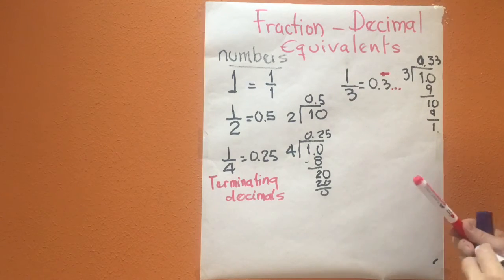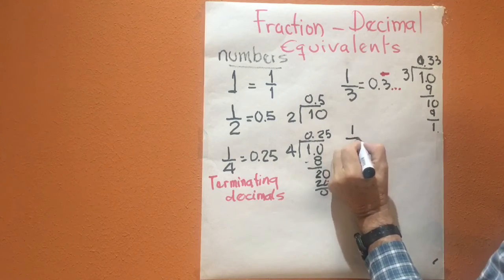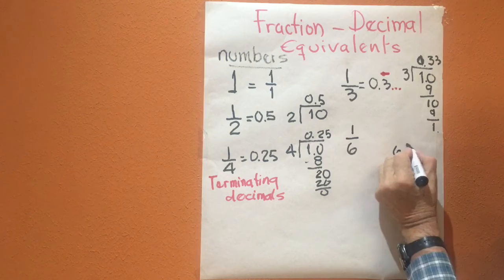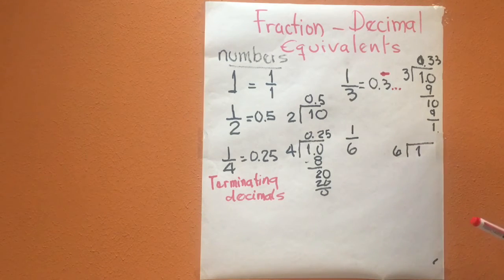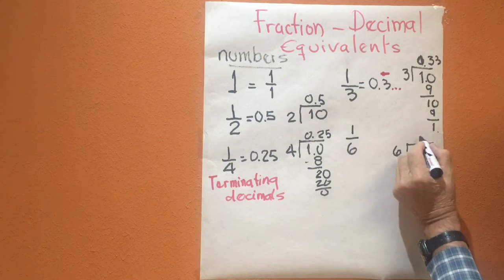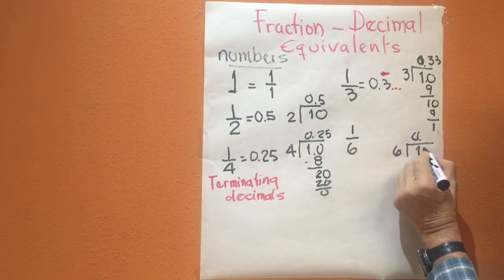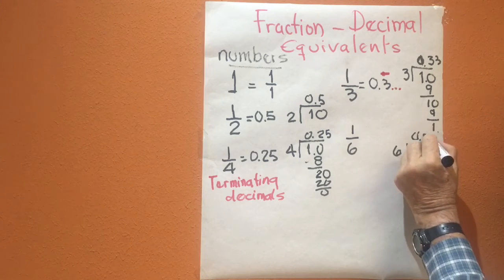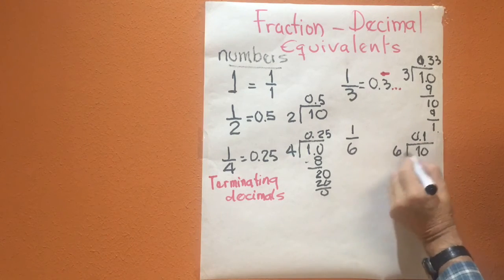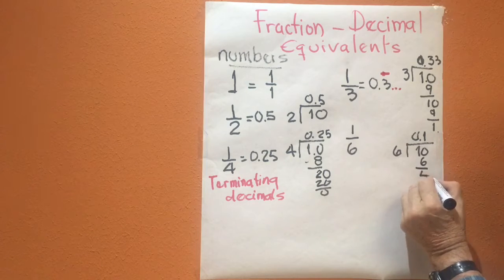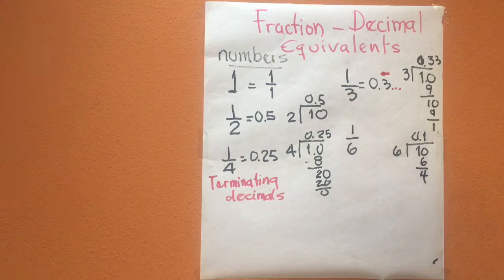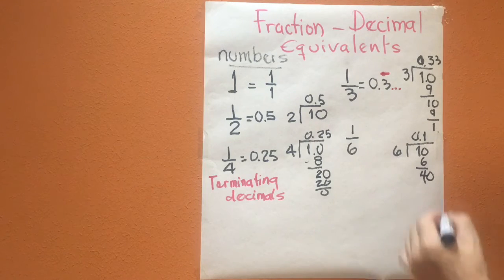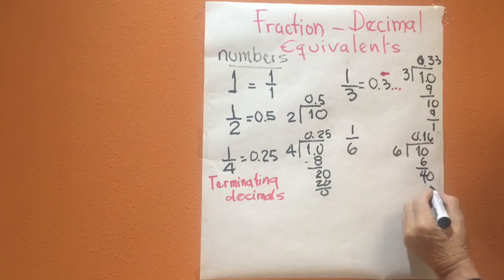Okay? Another example we have here could be 1/6. The same procedure. We divide 1 by 6. Of course, it's not going to be enough, so I have to add a 0 here. Let's see. 1 times 6 is 6. The remainder is 4. Okay. So I have to add 0. 6 times 6 is 36.